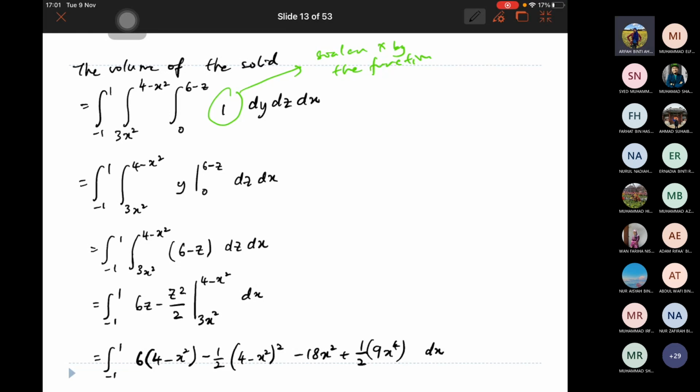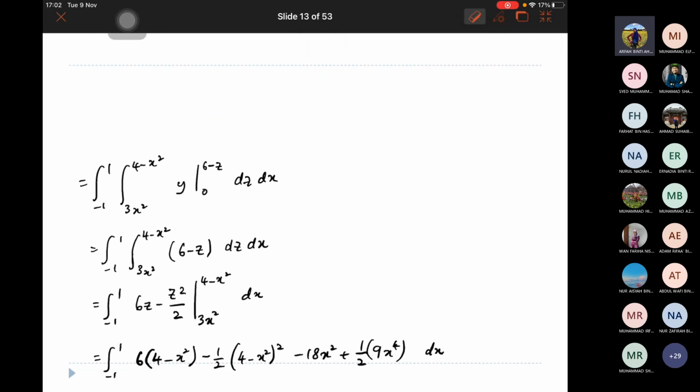So daripada sini, okay. Kita akan tentukan dia punya integration for this one. Kembangkan dia punya equation sebab tak muat dekat bawah tu, saya bawa dia ke atas.